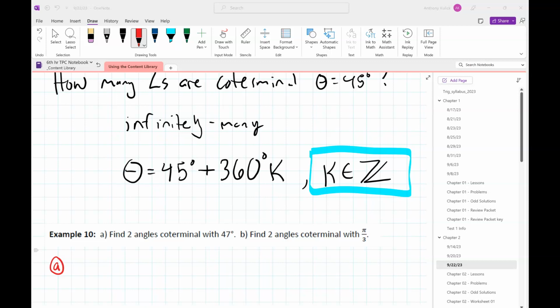All right, who's got one? Billy. 407 is one, sure. Who's got another one? -313. There you go. -313, that would work too. Did anybody have another one?